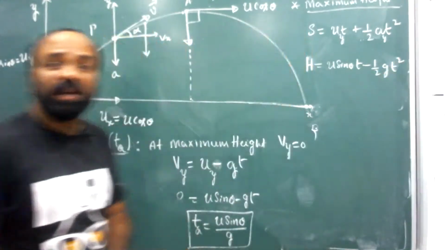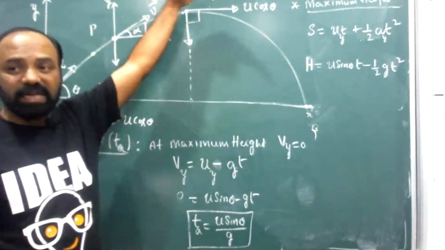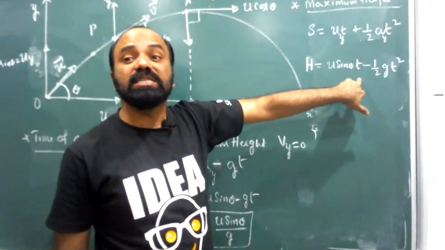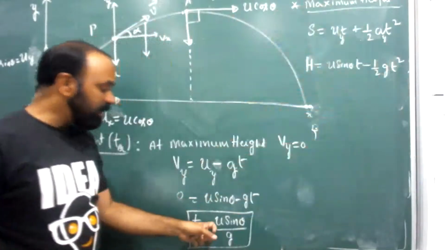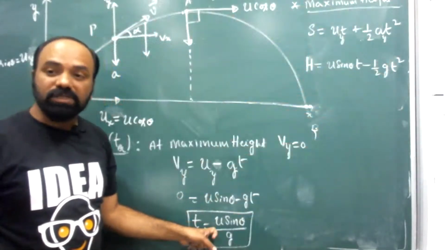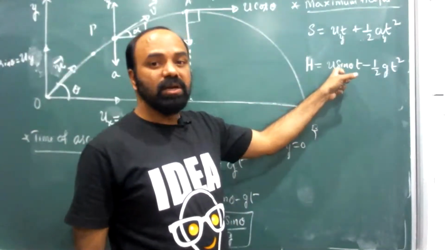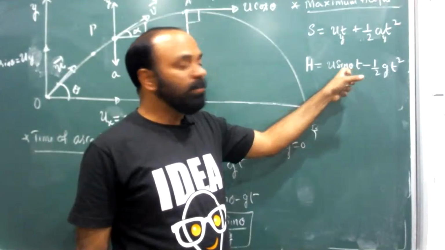See, this t we can write: since it reaches the maximum height, wherever we have t, we replace it with the time of ascent. Just now we derived the formula, time of ascent is u sin theta by g. If you take u sin theta by g here, it becomes u square sin square theta by g.